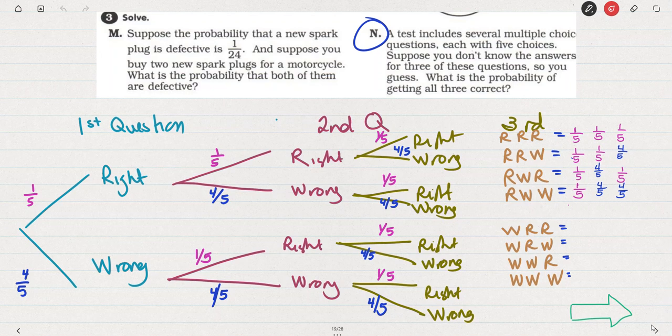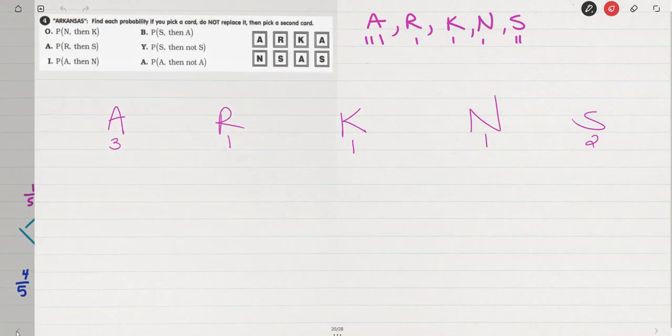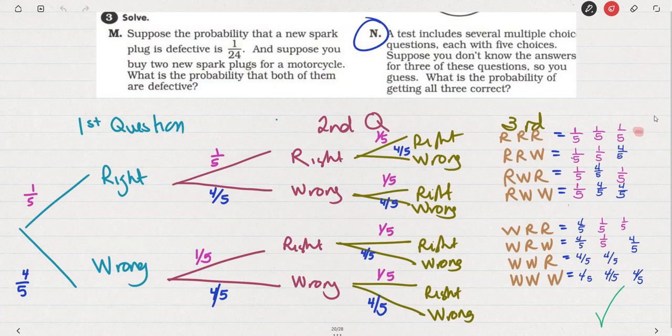If we multiply those, we get the total probability, and you could finish the bottom 4 also. And so if we multiply these, we'd have 1 over 5 times 5 times 5, 4 over 125, 4 over 125, 16 over 125 for the top 4, and so on. You just multiply 1/5 times 1/5 times 1/5 to get the final answer here.